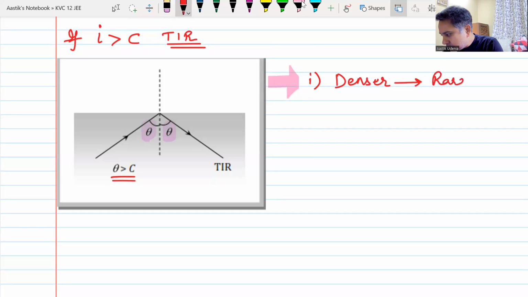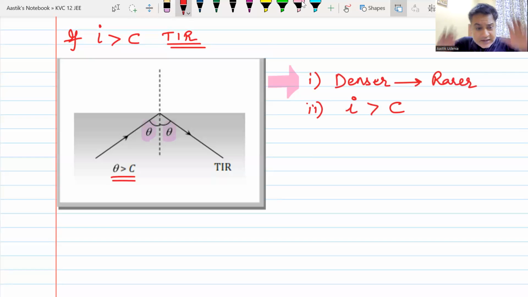And point number 2: the angle of incidence must be greater than the critical angle. Everything just comes back in the same medium. This phenomenon is known as TIR, total internal reflection, my dear friends.